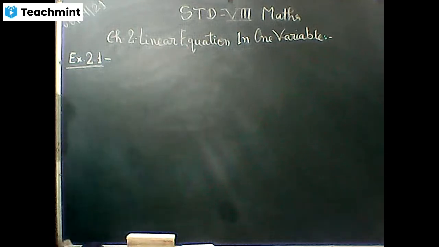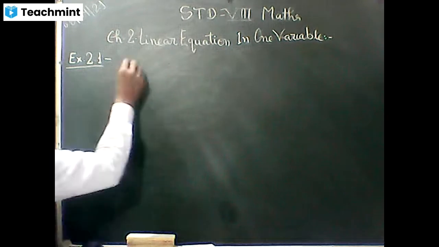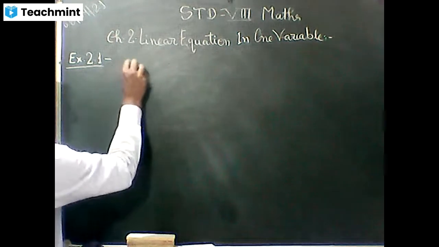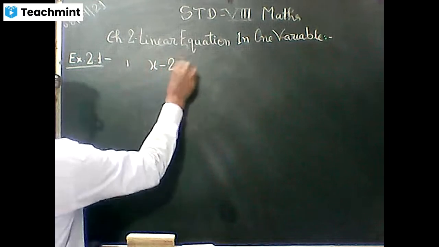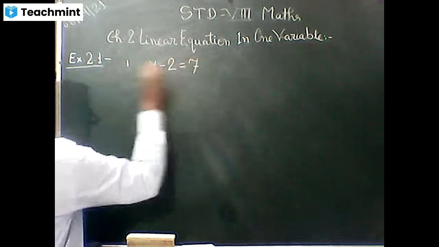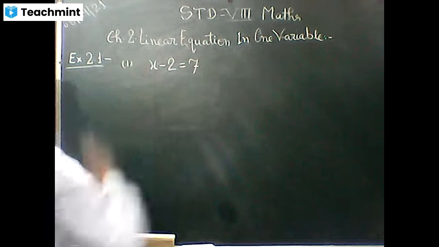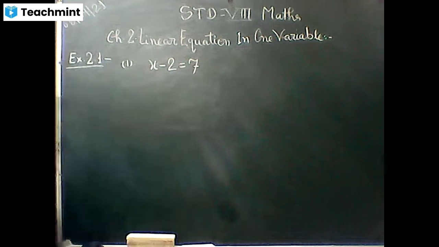Equation is a statement that has two sides. One is the right hand side and one is the left hand side, and that is denominated by equal. What we have to solve in it, we have to understand it, we have to follow it.